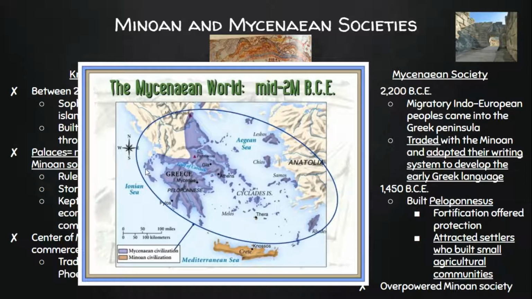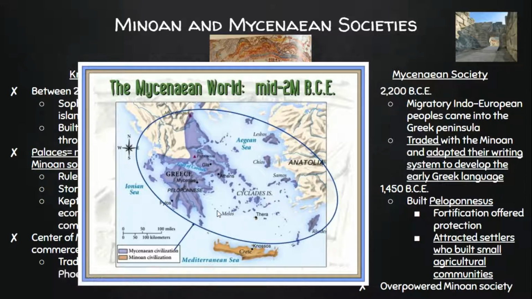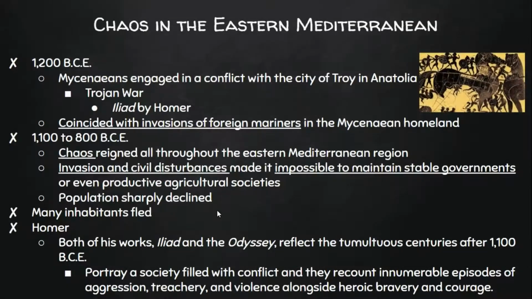But right when the Minoans started to collapse, the Mycenaeans started to build this pretty large structure on the mainland, which they dubbed Peloponnesus. And this fortification offered protection and it attracted settlers who built small agricultural communities, thus overpowering their brethren society.